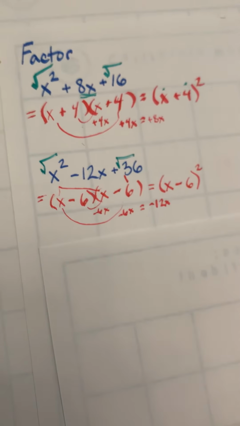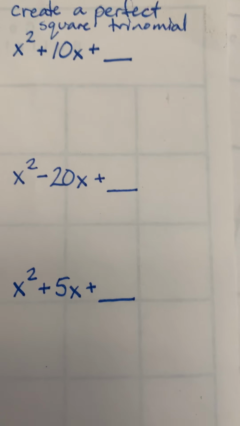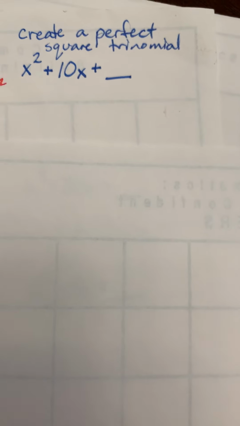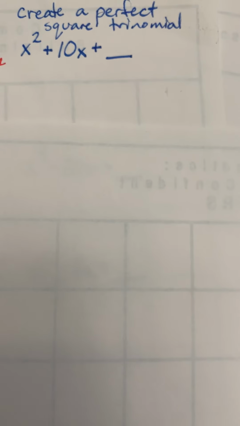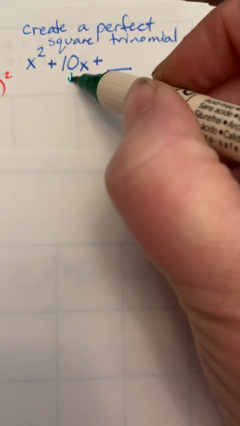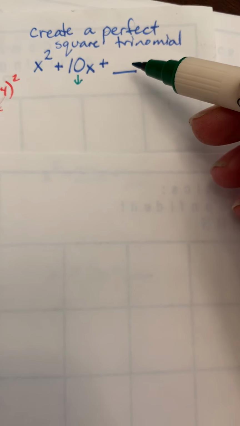So when we're doing problems like this, we want to create perfect square trinomials. So what we can do is take the reverse of that. So we take this 10. We want to know what this number has to be to give me my perfect square trinomial.